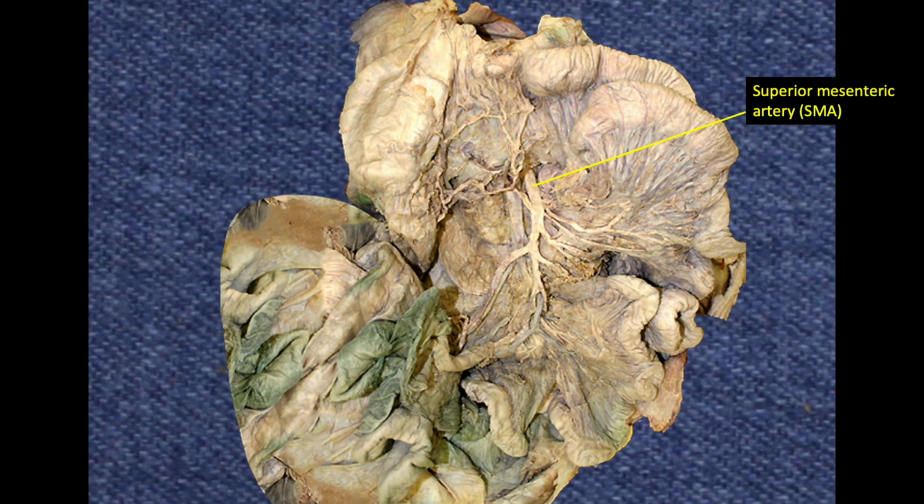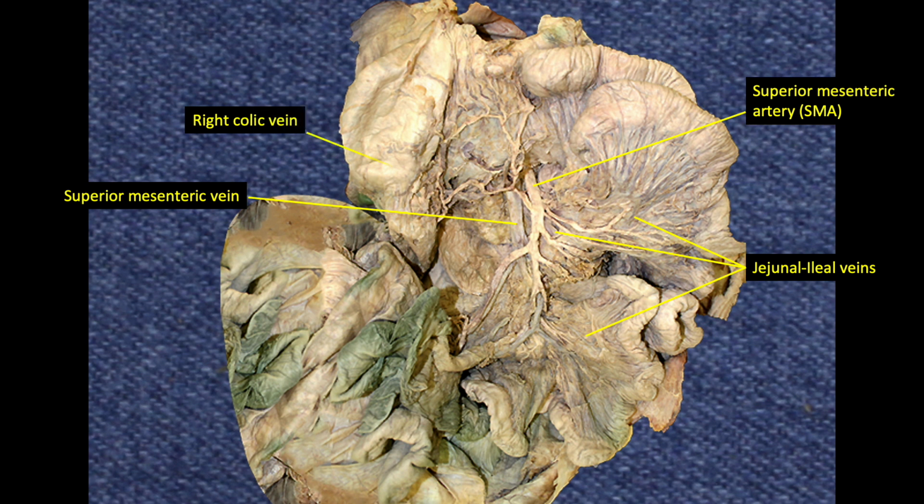Here are the corresponding veins to the arteries that arise from the SMA. The superior mesenteric vein is clear, as are some of the veins that accompany the jejunal ileal arteries. But if you look closely, each artery is paralleled by a corresponding vein. For example, the right colic vein and the ileocolic vein.